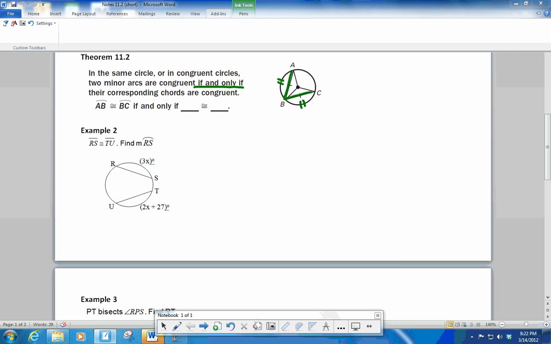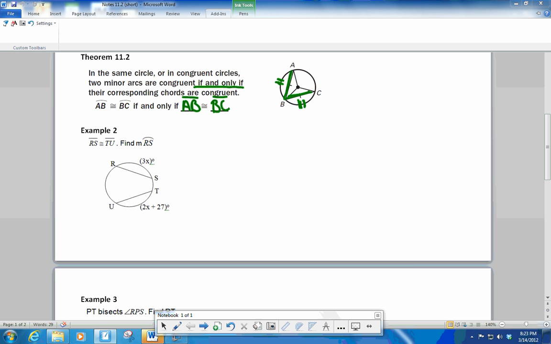If arc AB is congruent to arc BC, then segment AB is congruent to segment BC. So it works both ways. If the chords are congruent, then the arcs are congruent. If the arcs are congruent, then the chords are congruent.